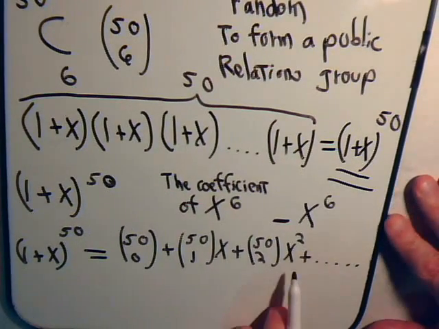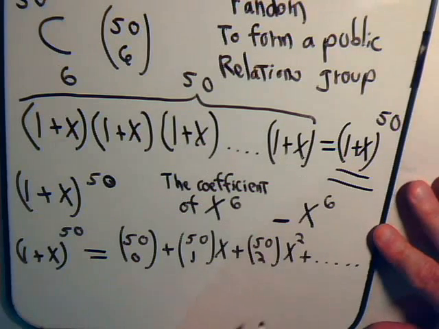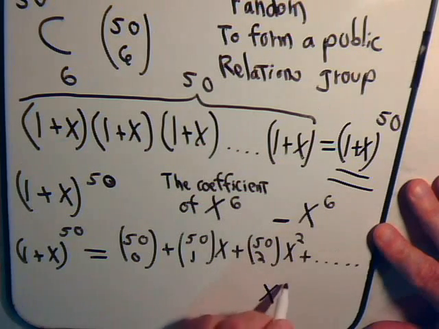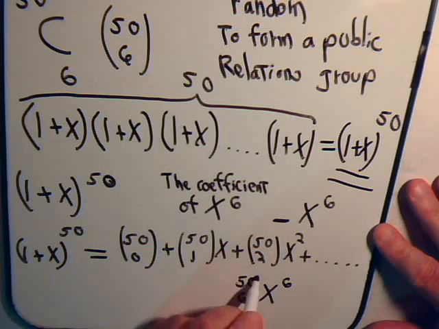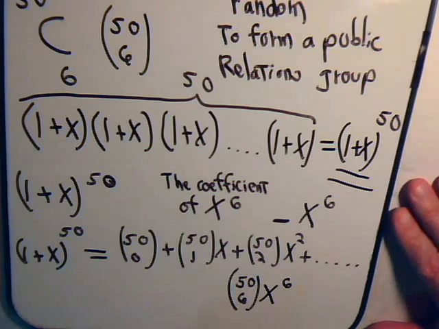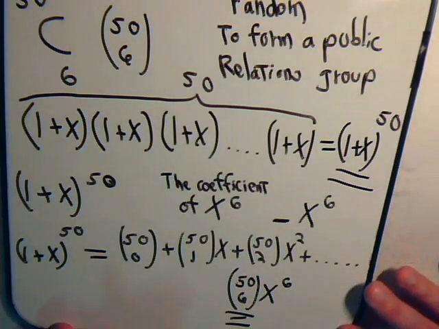So for x to the 6th, its coefficient is just simply the binomial coefficient, 50 over 6. And of course, that's exactly what we said when we set the problem up initially.